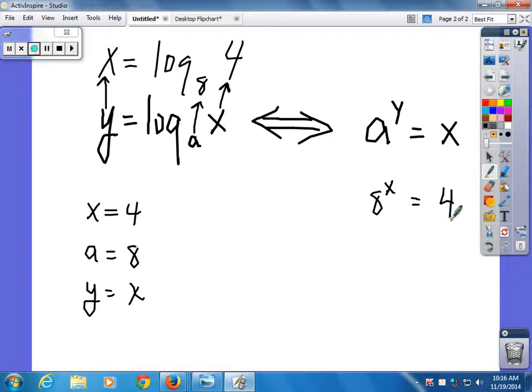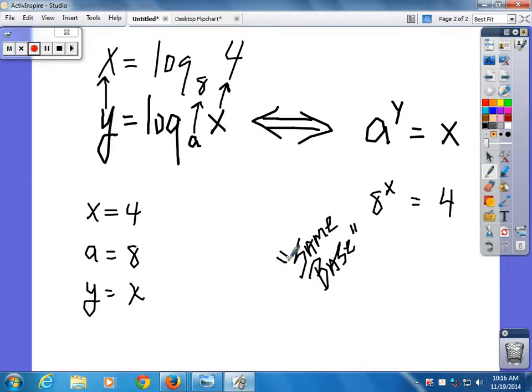This equation right here is simple. But why do people not know how to solve it? Because you don't see it very much. Okay? When you see a problem like this, the first thing you think of, same base. Write that down. When you see a problem like this, you think of same base.